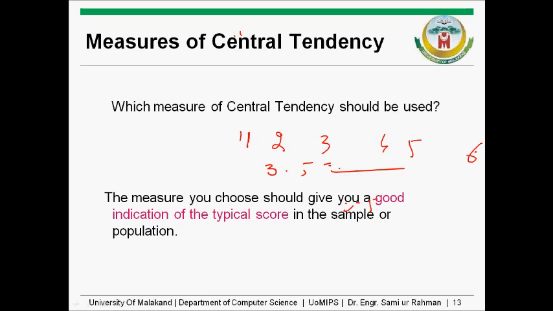And if this last value is, let's say, 36, then the average will be 8.5. In this case the mean doesn't represent the data well, because for 5 samples the average is 3.5, but we have one extreme value of 36.